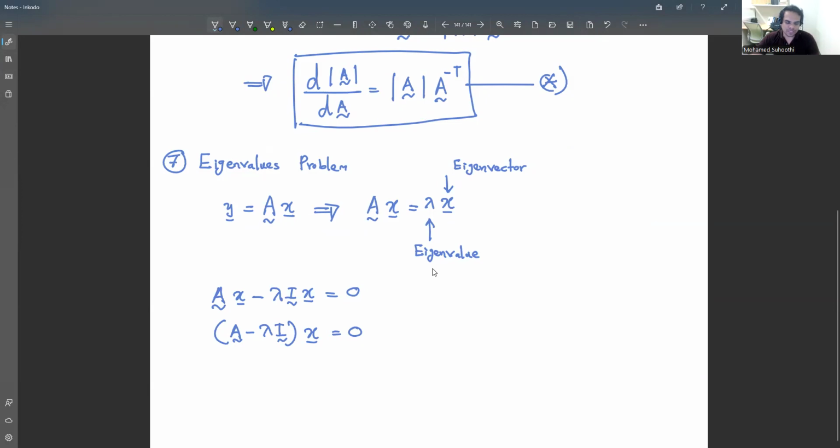So if you want to solve this equation, there are two solutions. One is if this matrix, A minus lambda I, is singular.